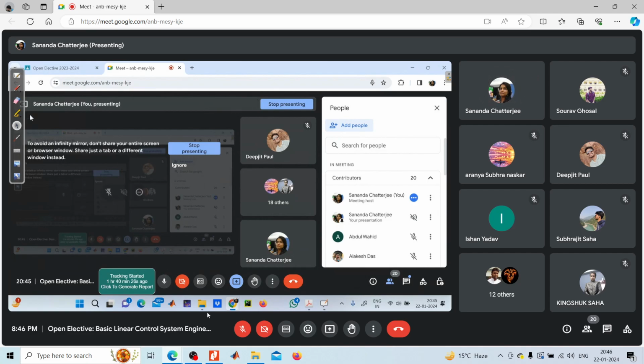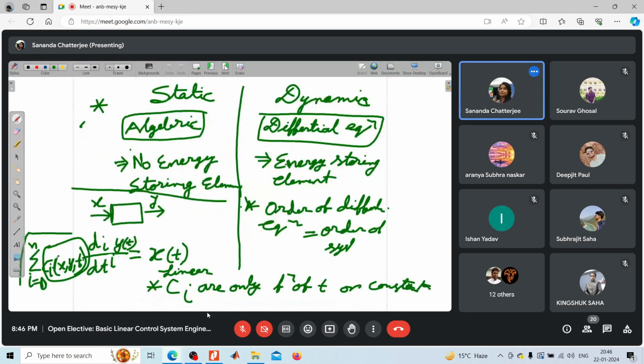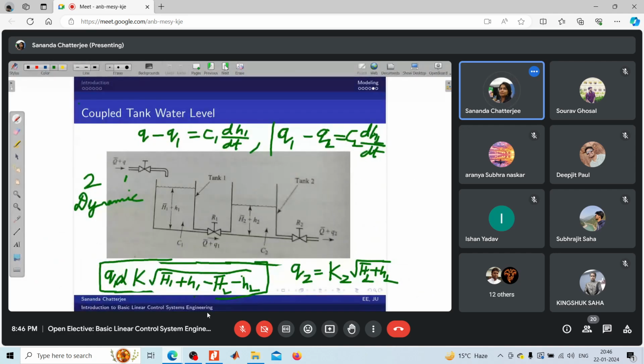Okay, the next example we have seen is second order non-linear. Whether time varying or time invariant? Time invariant.